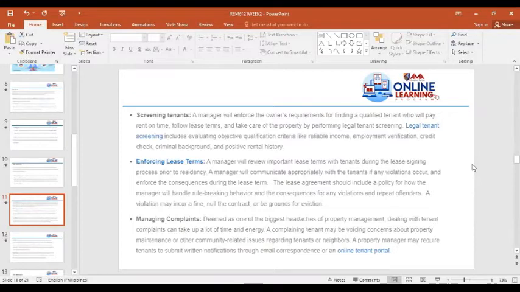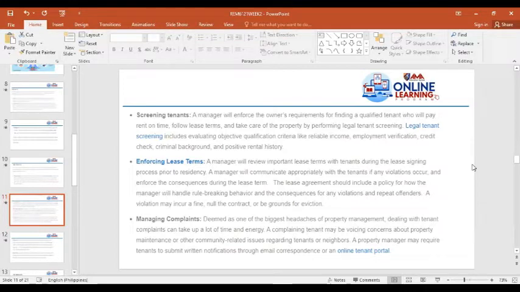So the lease agreement should include a policy for how the manager will handle rule-breaking behavior and consequences for any violations and repeat offenders. So violations may incur a fine, nullify the contract, or be grounds for eviction.